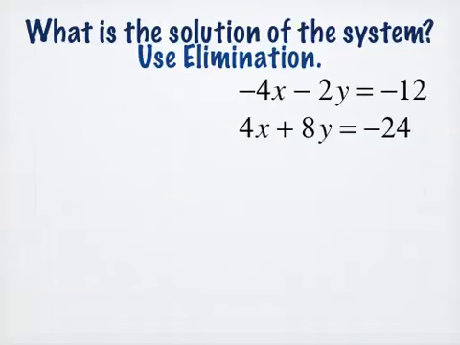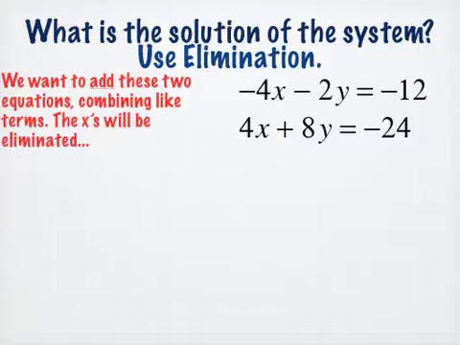The last example says, what is the solution of the system? Use elimination. In this case, I have negative 4x minus 2y equals negative 12, and then I also have 4x plus 8y equals negative 24. In this case, I need to add these two equations combining like terms. The x's are going to be eliminated.